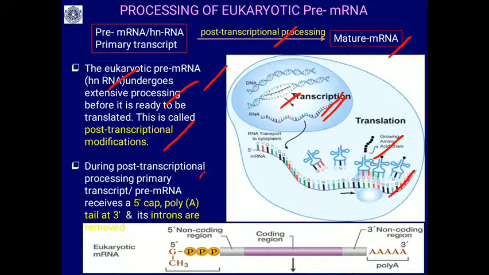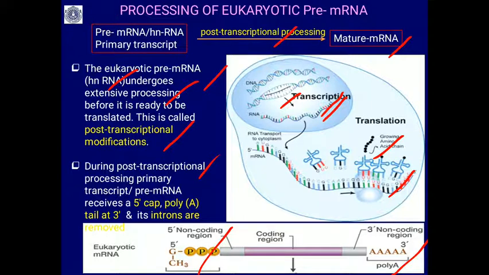During this post-transcriptional modification, there are three main processes. A cap is formed at the 5' region of the mRNA. Then a poly A tail is added at the 3' region of the mRNA.